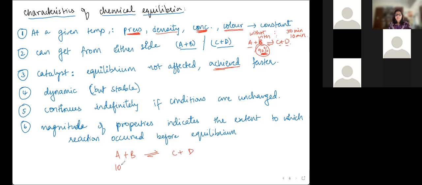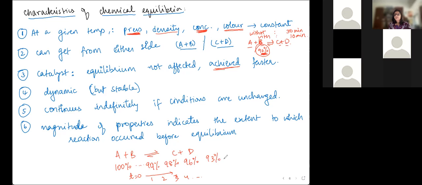At first, it was 100% reactants only. But as time goes by, t equal to 1 second, 2 seconds, 3 seconds, 4 seconds, and so on, the concentration of the reactant will keep decreasing. 100% reactant, now just 99% will be reactant. Then 98%, then 96%, then 93%.